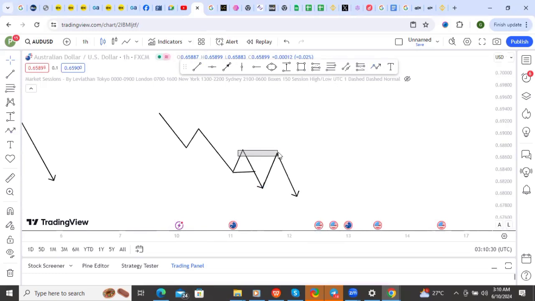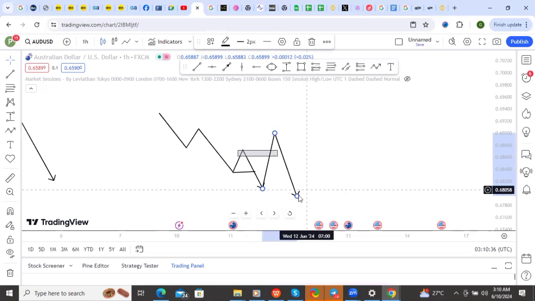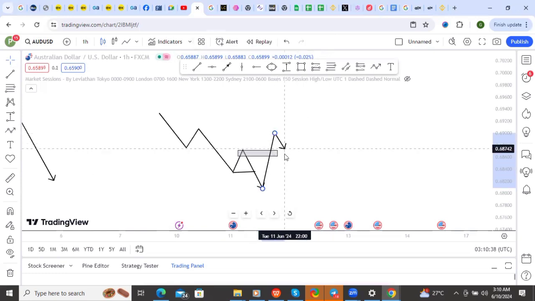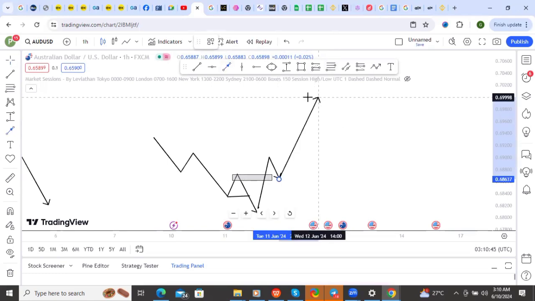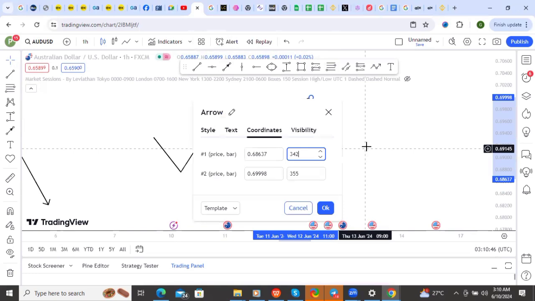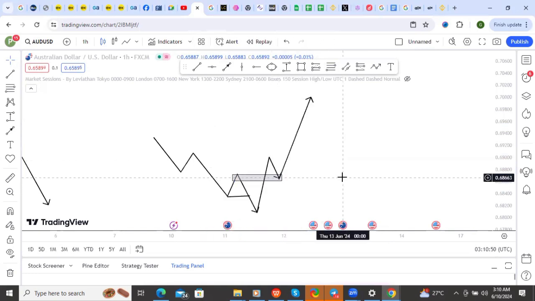But whenever you see a violation of this block, you expect that price should come up and start buying. Are you getting it? Simply, that is just the breaker block that we are talking about.